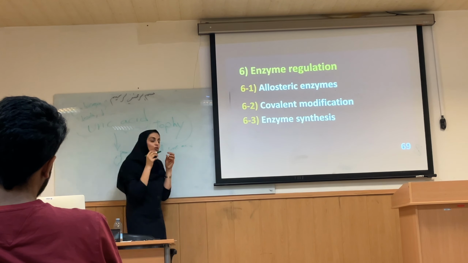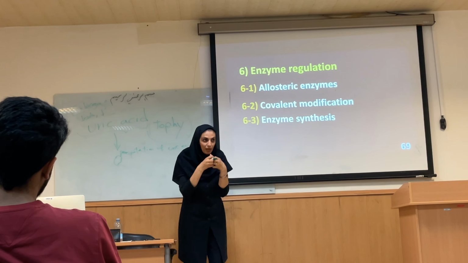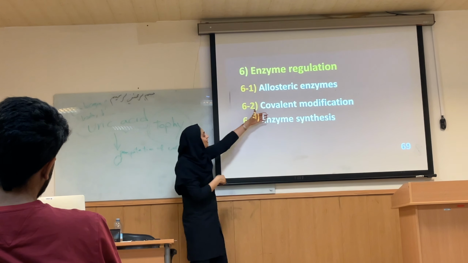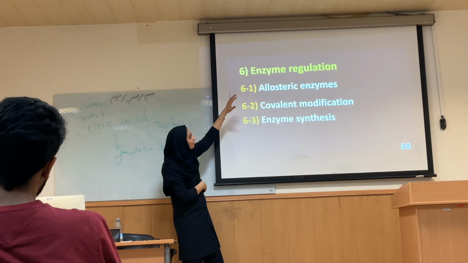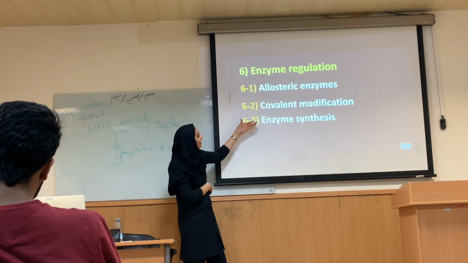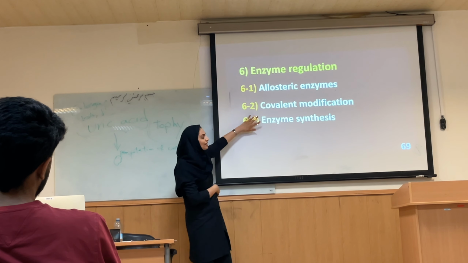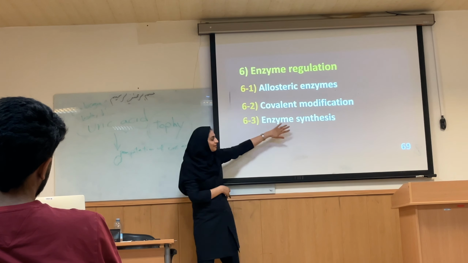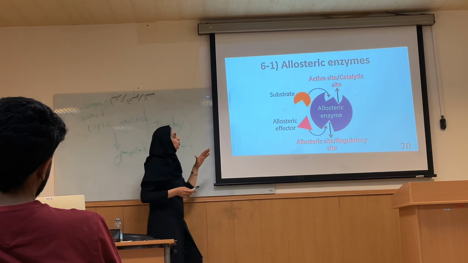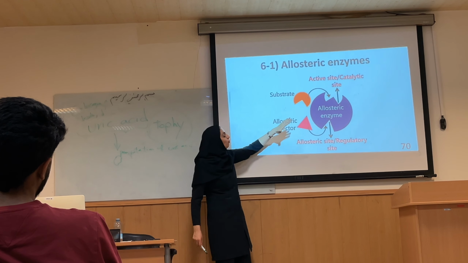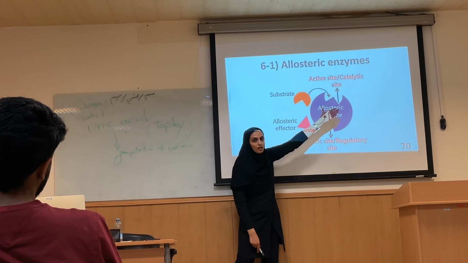So there should be a tight regulation in our body. Am I right? These enzymes in these pathways can be regulated by allosteric regulation, covalent modification, and enzyme synthesis. Synthesis is a slower way of regulation, because it takes hours to days.